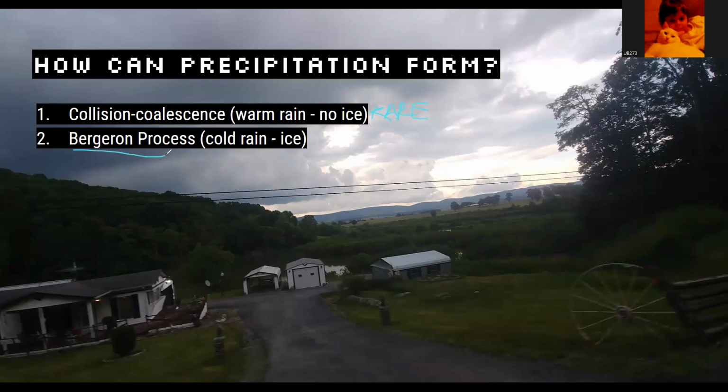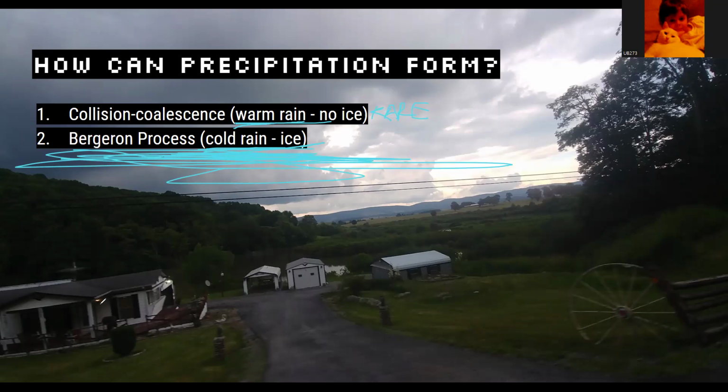It's more common that we will see the Bergeron process. The collision coalescence method is where we have warm rain, warm clouds, meaning we have no ice. Cold rain with ice is what we more commonly get, and that's the Bergeron process.